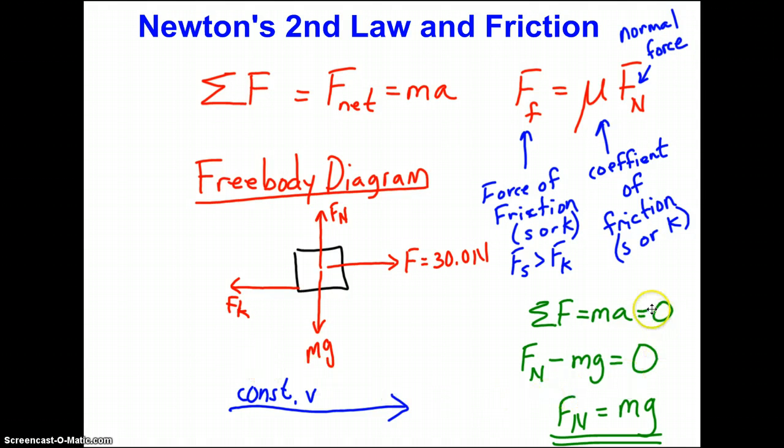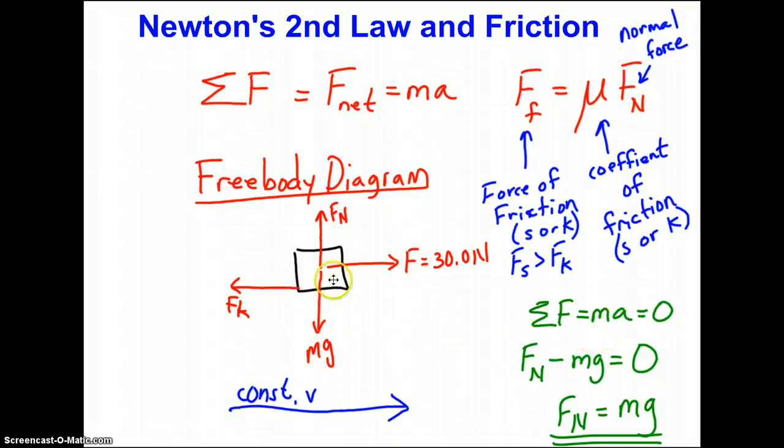Little side note here, we have a little Newton's second law calculation going on over here in green. You'll notice that the forces that are perpendicular to the line of motion have been summed. Well, typically we call up positive, so we have Fn minus mg.